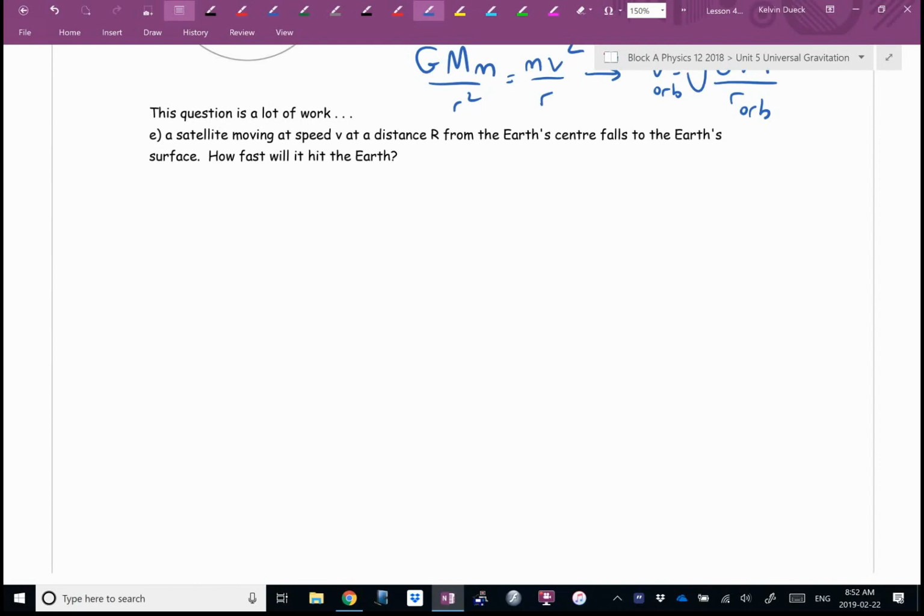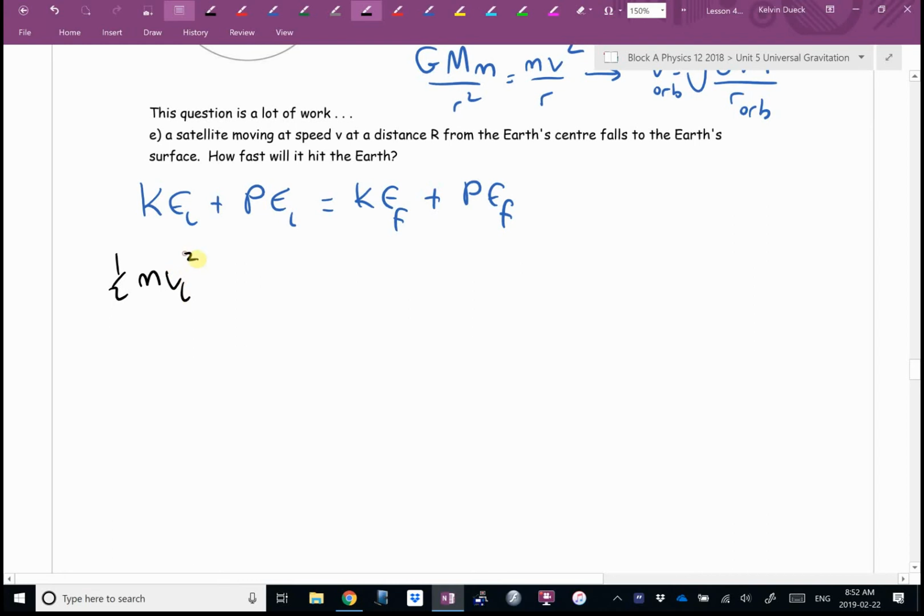Colby, what do you think? Yeah, good, thank you. There's a change in height, there's a change in speed, there's a yucky curvy force, that graph that we sketched. So I would use KE initial plus PE initial equals KE final plus PE final. This would modify into a half m v initial squared.